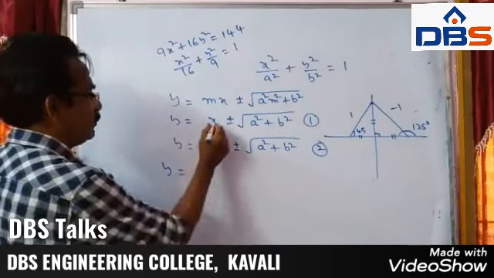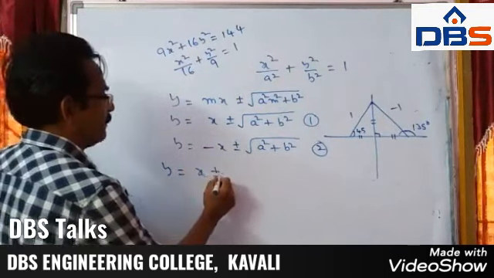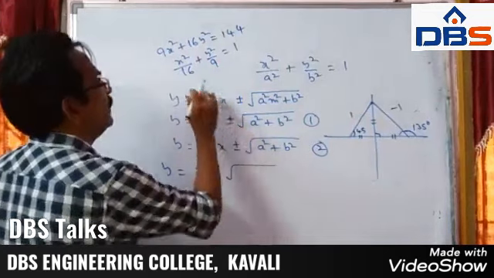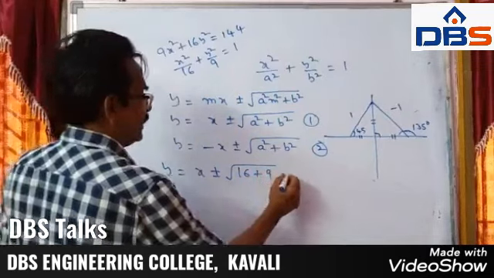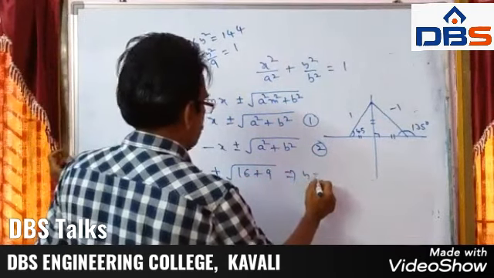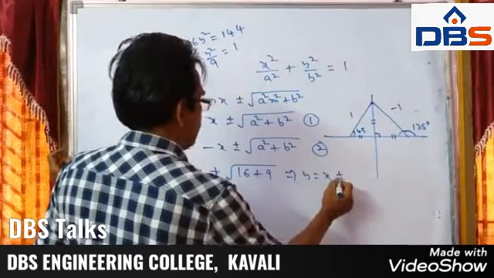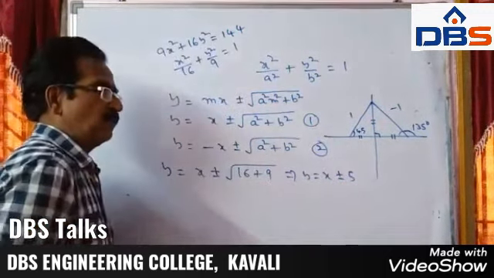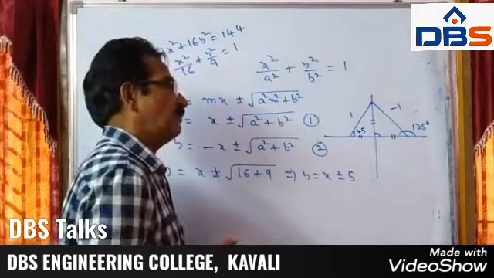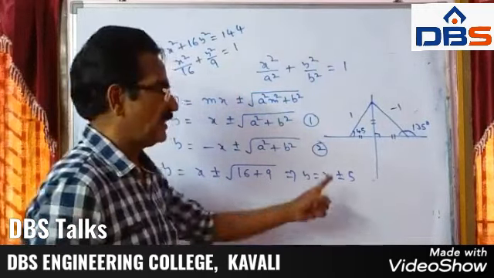Y is equal to x plus or minus root of 16 plus 9. It implies y is equal to x plus or minus root 25, which is 5. So y is equal to x plus 5 or y is equal to x minus 5. That is one set.